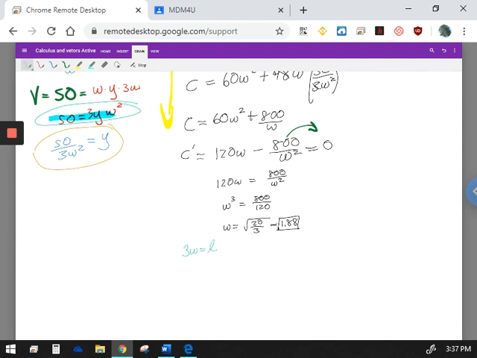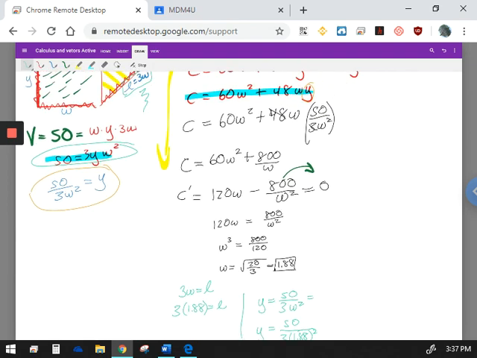So I'm just going to do 3 times 1.88 equals length. And we also know that the y, which is the height, is 50 over 3w squared, right? Which is 50 over 3 times 1.88 squared. Those come straight from here and here.